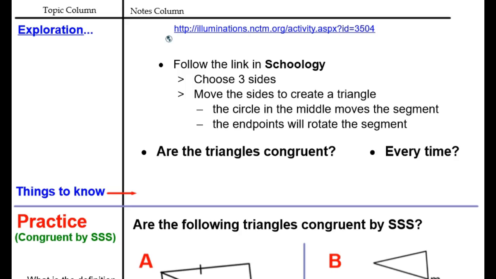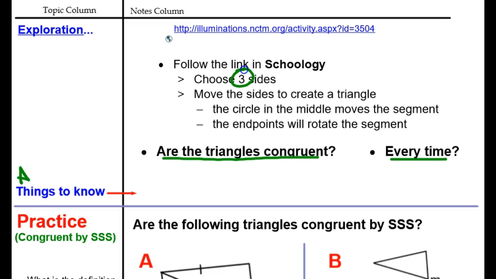All right, now that you finished the exploration at the top of the page here, and we looked at three sides, and we moved them all around, we thought about the question, are the triangles congruent, and does it happen every time?